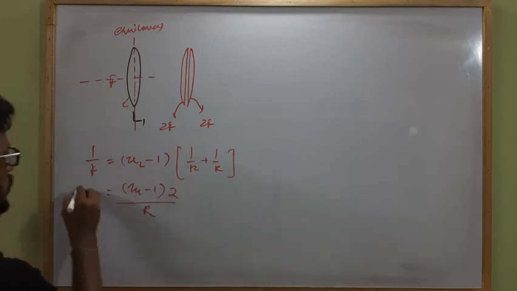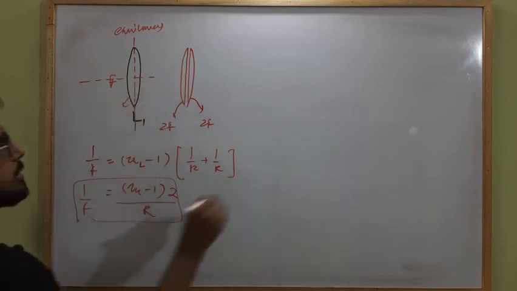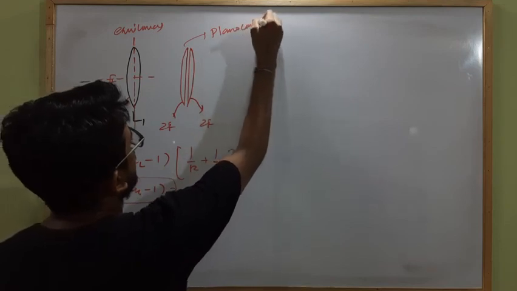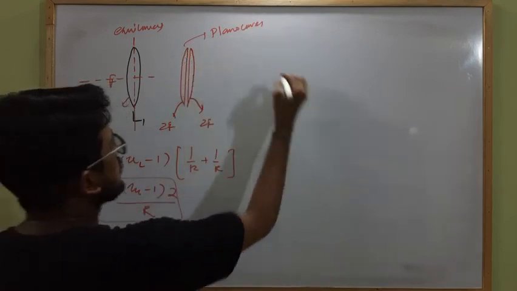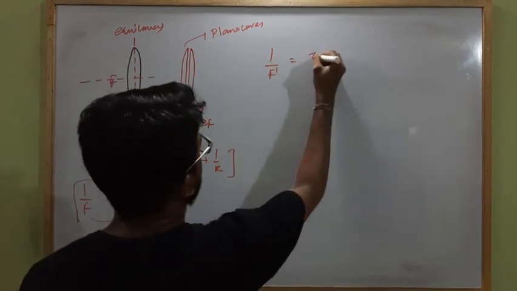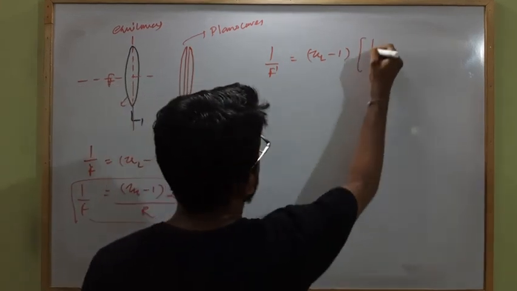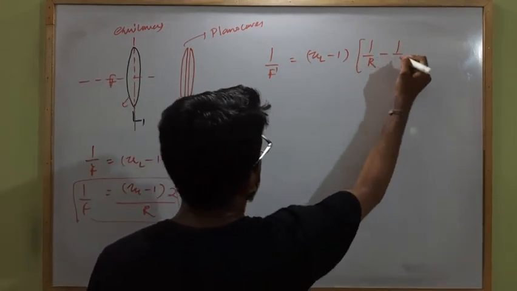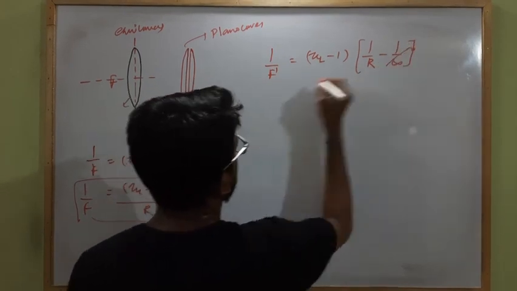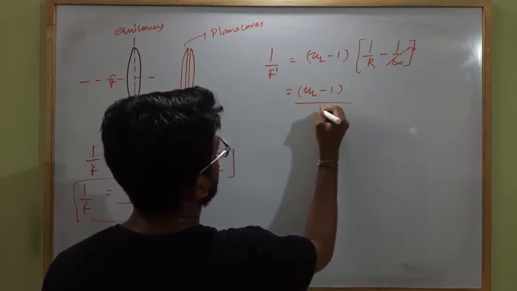And for this case, which is a plano-convex, one part is plane, so 1 by f dash will be mu of lens minus 1, because the surrounding is air, into (1 by r minus 1 by infinity). The other is infinite, so it becomes 0, giving mu l minus 1 divided by r.